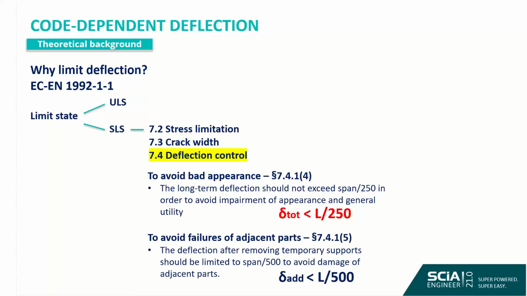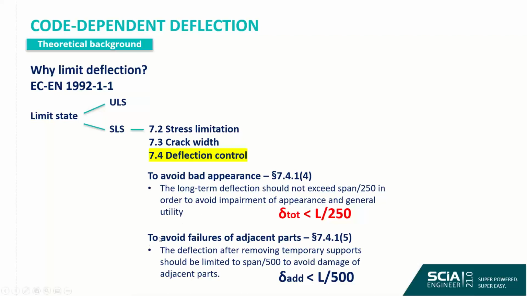But first, a quick summary of why we need to limit the deflection. According to the code, in the part on service limit state, mentioned in chapter 7.4, there is a necessity to check the deflection first to avoid bad appearance, where the long-term deflection should not exceed the limit of 250 of the length or span.